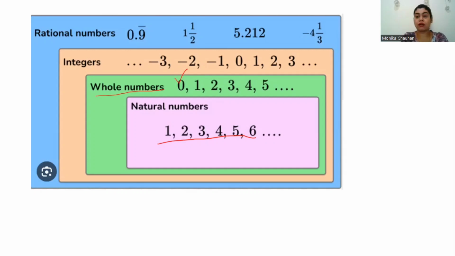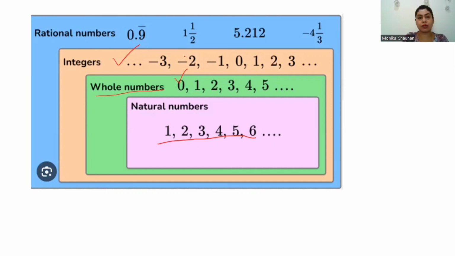The number system with negative and positive numbers is called integers: negative numbers on the left of zero and positive numbers on the right of zero. After whole numbers, integers and natural numbers, it comes to rational numbers.